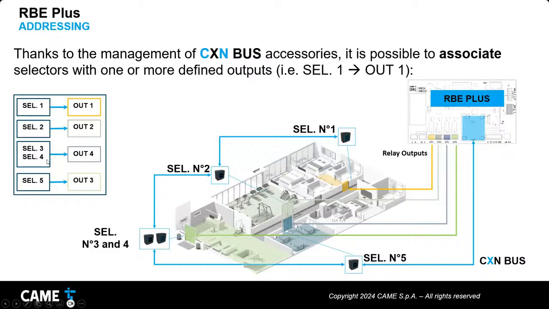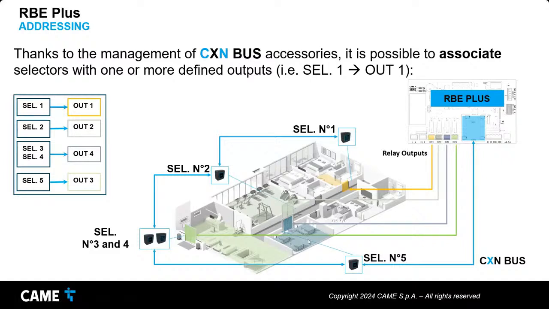Selectors 3 and 4 in this example are linked to output number 4, so to relay number 4. In this room, which seems to be the kitchen, we may have one selector inside the room and another one outside, so one is needed in order to enter and the other in order to exit from the room. And finally, selector number 5 can be used in order to go into this lounge area.